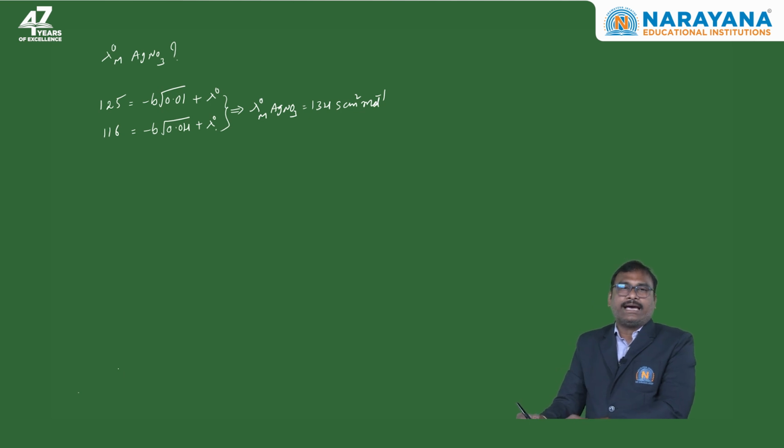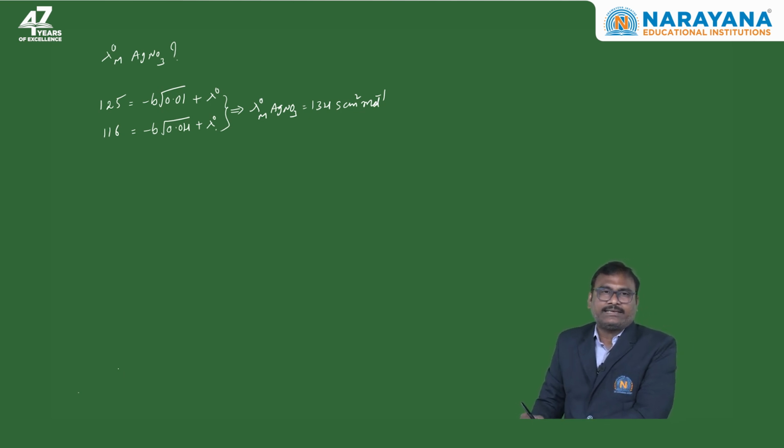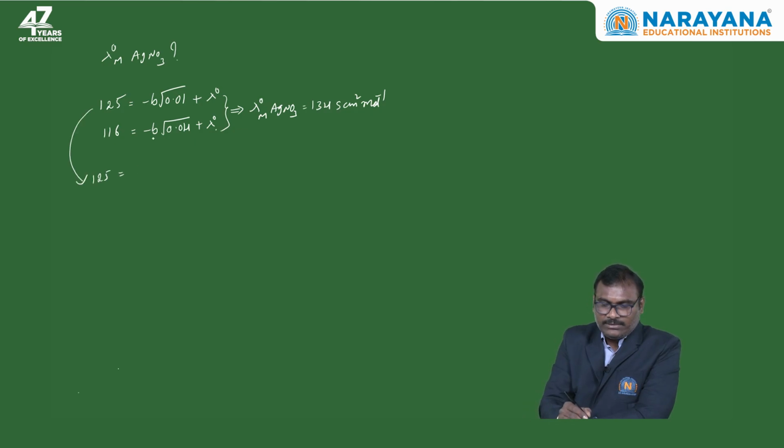After doing the calculation by subtracting one from the other: 0.01 means 10^-2, you can write 125 is equal to minus 0.1 b plus lambda naught.